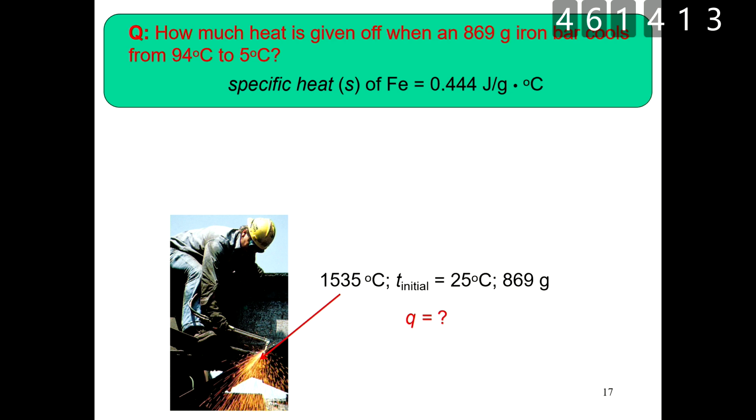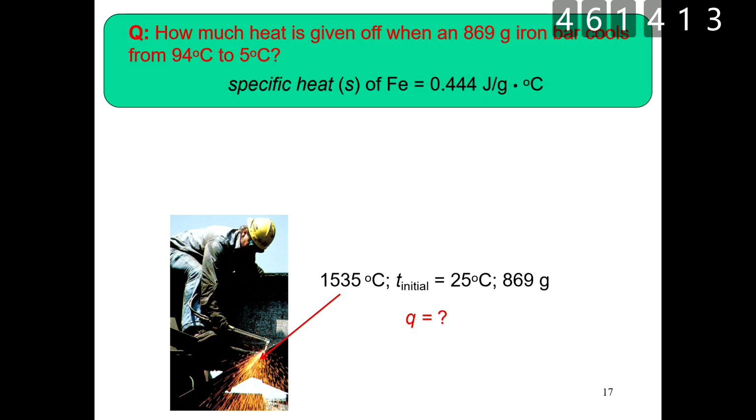So we're just supposed to find the change in temperature. We saw that initially it was 94, and we found 5. So we just take 5, change in temperature will be 5 minus 94, which will be given to -8.